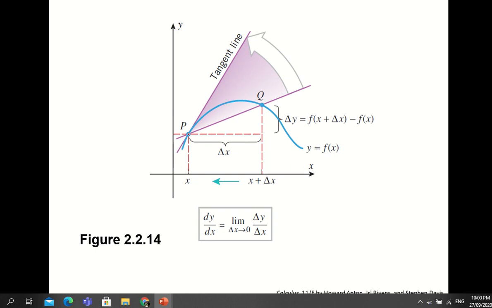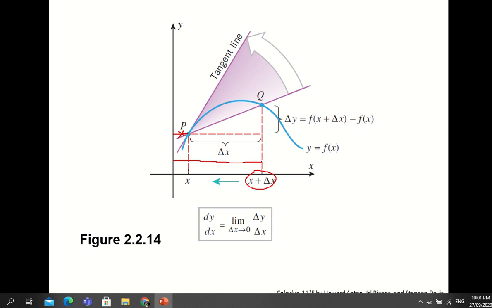The x here, class, is the same as x here, right? That is the distance from the y-axis to this point. So this is our x. Now the distance from the y-axis to this part here is just the sum of x and delta x. That's why we have here x plus delta x.